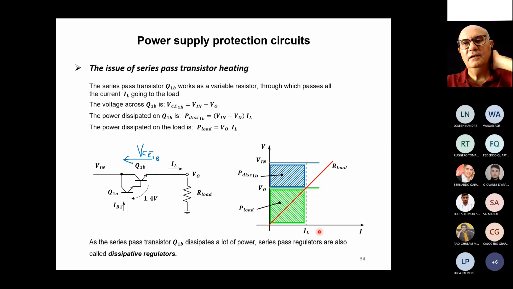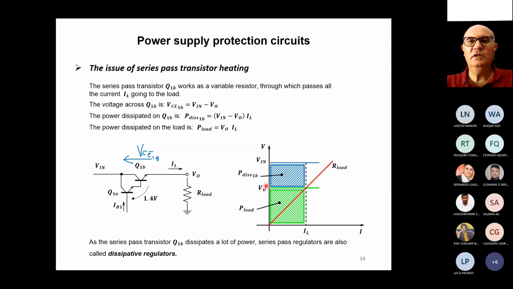This is the current which goes to the load, IL. And here I can indicate the output voltage on the load, this green line. But here I can also indicate the input voltage, Vin. The difference between Vin and Vout is the VCE of the transistor, the collector emitter voltage.